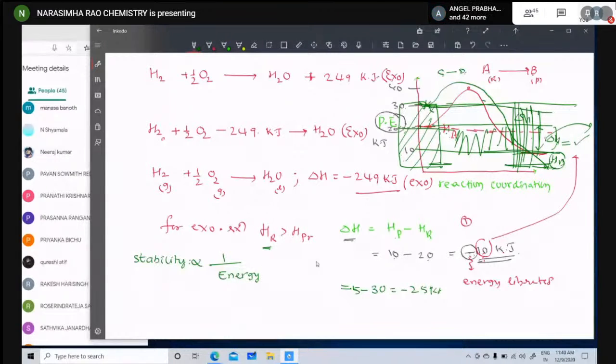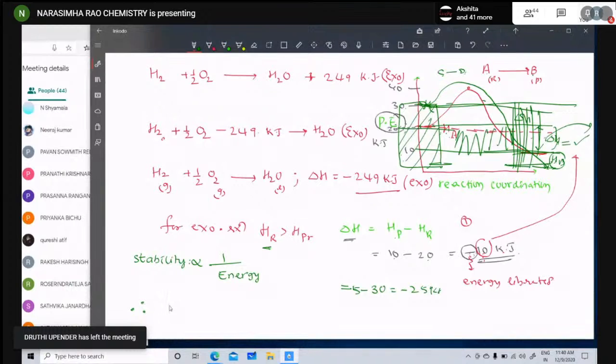In the exothermic reaction, which is more stable, reactant or product? Which is more stable? Product.